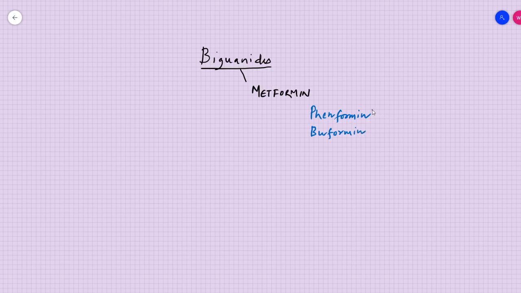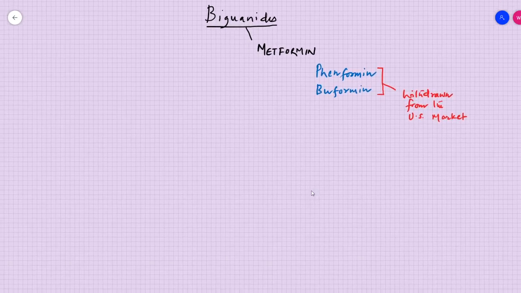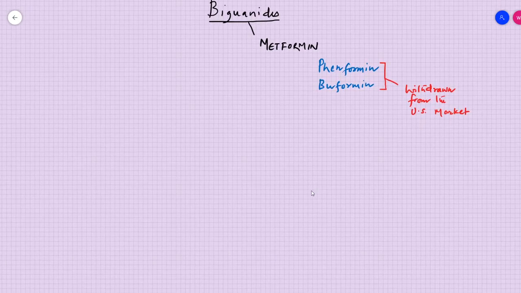However, these drugs have been withdrawn from the US market. So the clinically used drug of this class currently is only metformin.